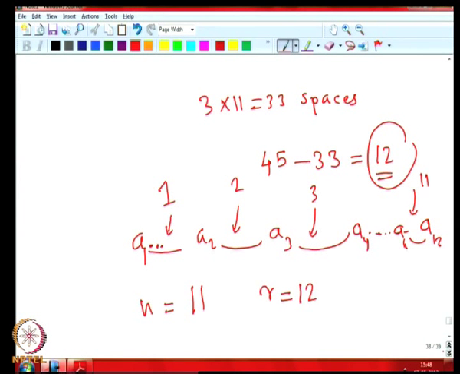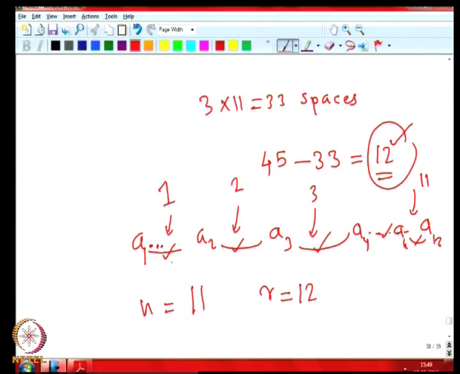If you want to go back to the original problem of selecting r things from n different types of things, we have to consider this 12. For these 12 blank spaces, we have to select which gap each should go into. Either this one or this one or this one should be selected for each blank space to be put.